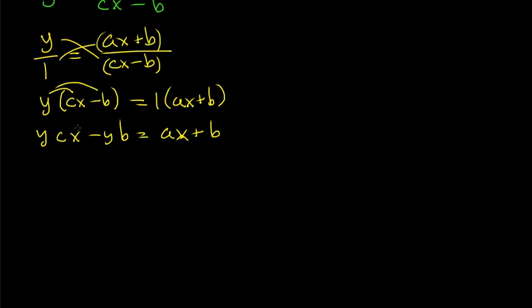We're solving for x, but notice there's an x over here as well. So ideally we should get all the terms with x on the same side. Okay, so what I'm going to do is subtract the ax from both sides.